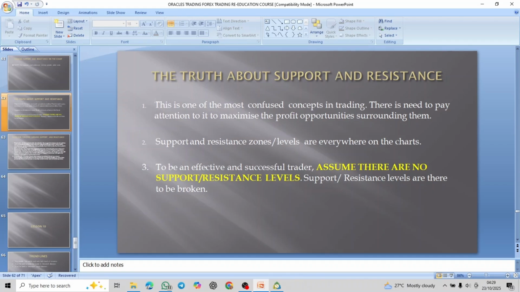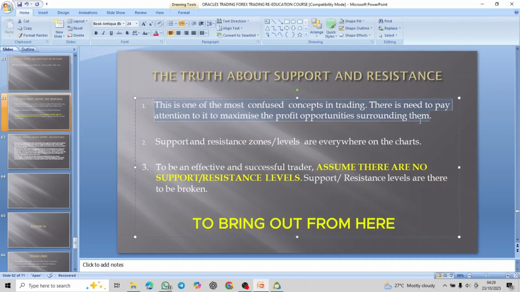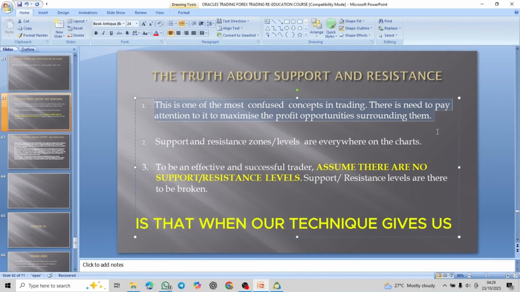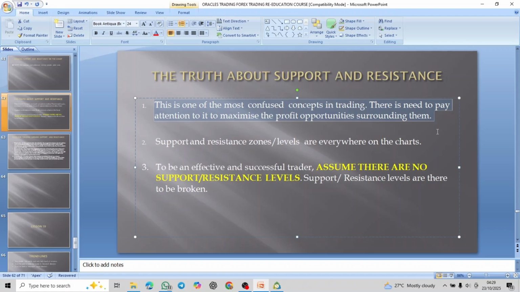So the truth we want to bring out from here is that when our technique gives us entry in the direction of the so-called support and resistance, we go.